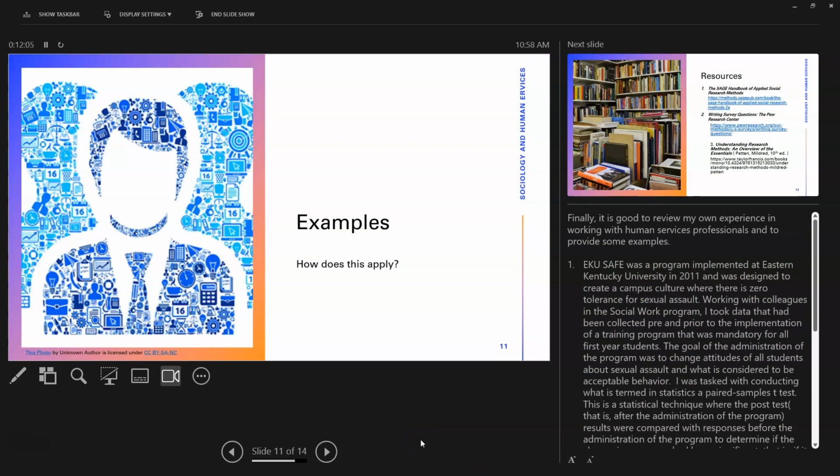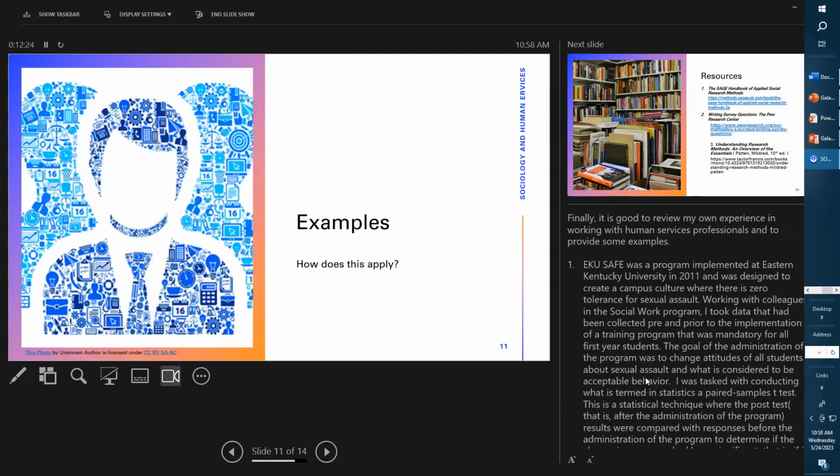Finally, I'm going to draw on my own experience in working with human services professionals and to provide some examples. First, Eastern Kentucky University, EKU SAFE, was a program implemented in 2011 and was designed to create a campus culture where there is zero tolerance for sexual assault.